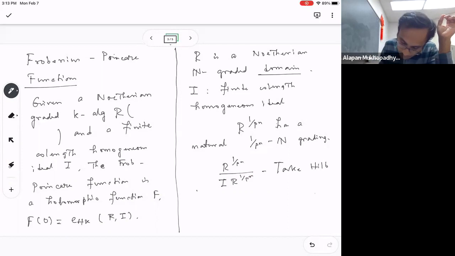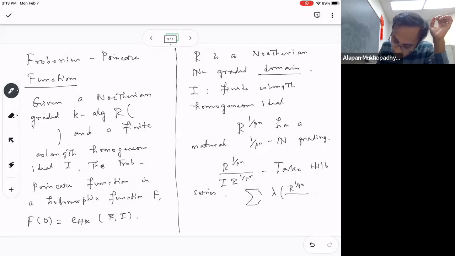The Hilbert series looks like the summation of the length of R^{1/p^n} mod I extended to R^{1/p^n}, the j/p^n-th graded piece, and the corresponding power of t is j/p^n, where the sum is over j.